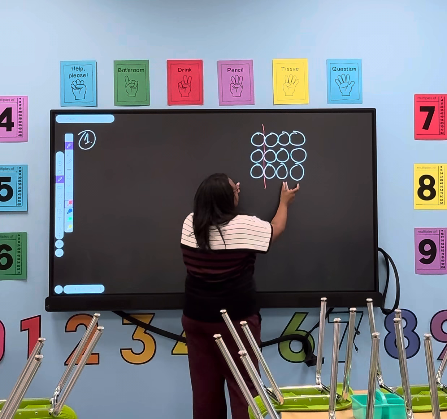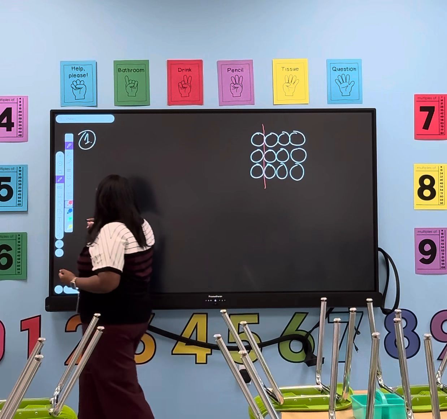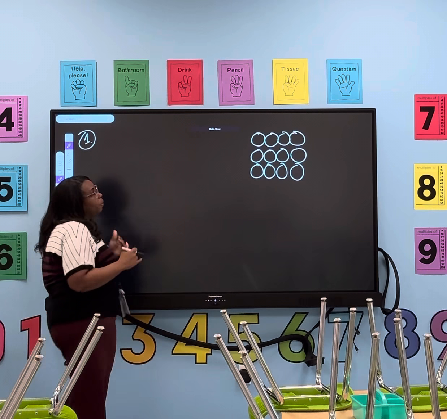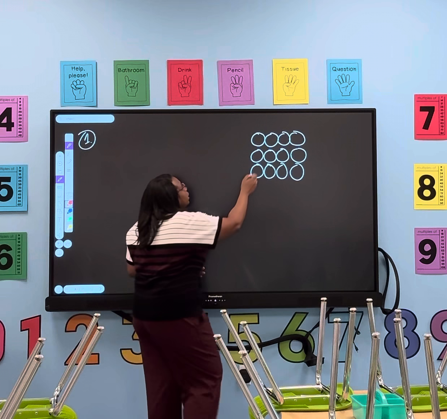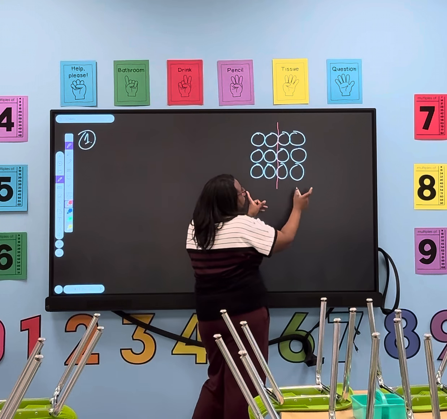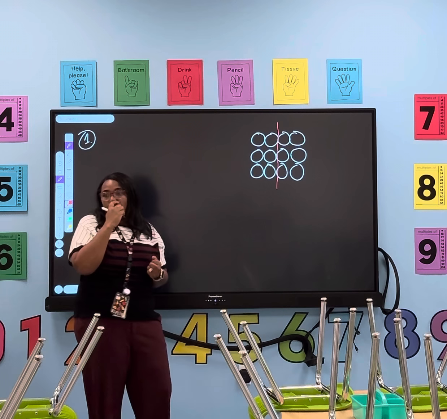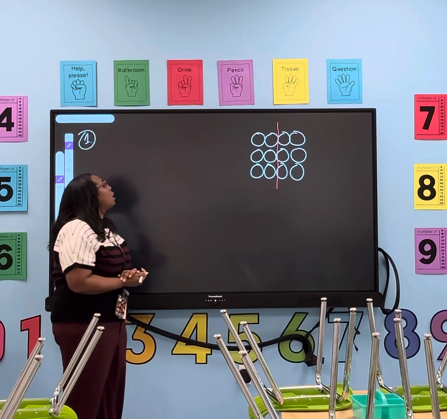That would be 2 separate arrays, one with 1 and one with 3. Or the way that we really practiced today is to go straight down the middle. Then we'll have 2 and 2, which makes it easier to solve because it'll be the same multiplication equation. So let's go ahead and solve this.